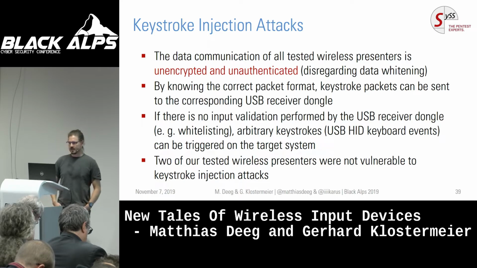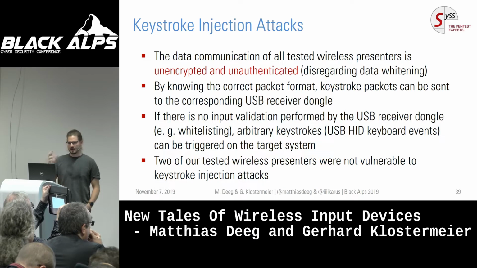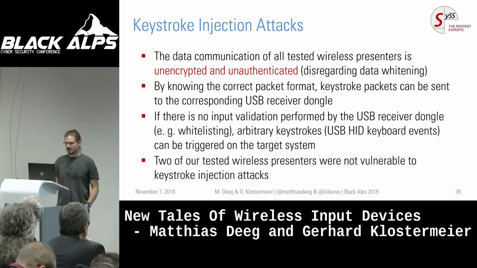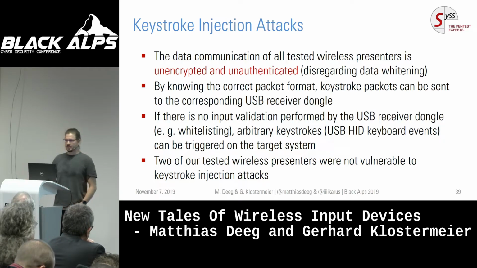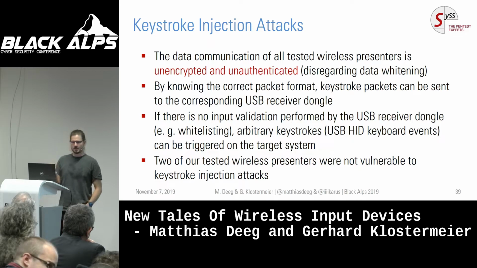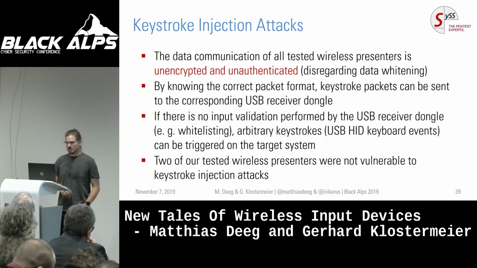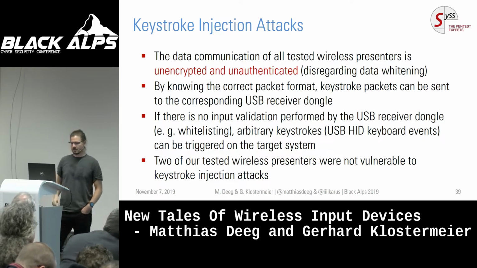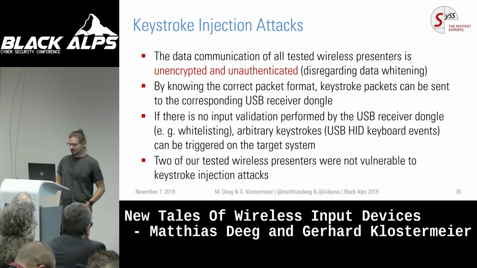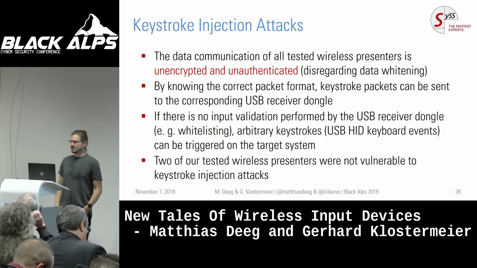So by understanding the whole packet format, we were able to understand where the actual page up and page down buttons are. And if we can craft the same packet with some other device and just switch out the page up and page down button with, let's say, the A key or the B key or the C key, we were interested whether the emulated USB keyboard in the dongle will accept these keys, although the presenter doesn't have those keys, in order to attack the PC where the dongle is connected.